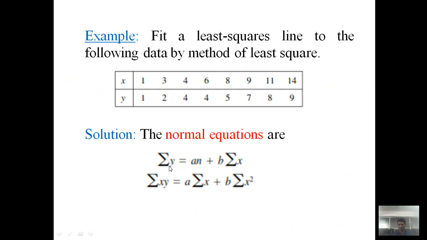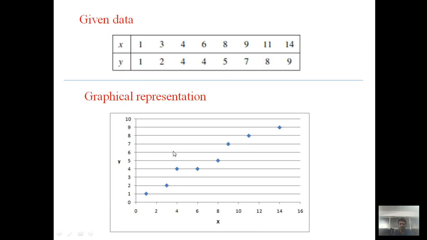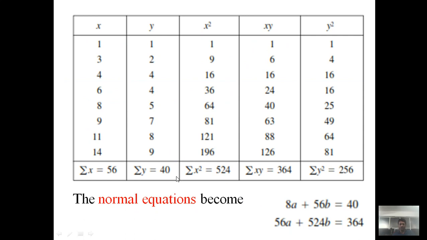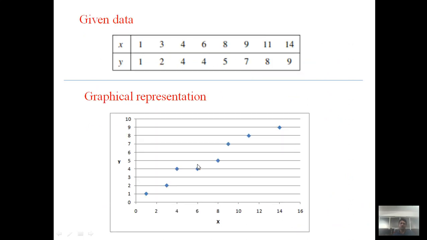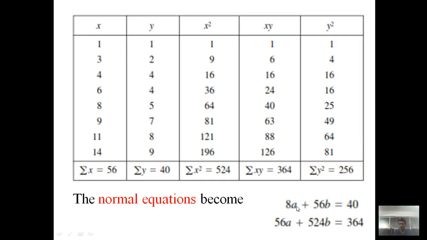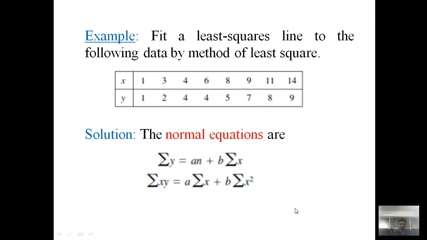The first equation is sum y equals na plus b sum of x. The first term is sum y, and the sum of y is 40, so we write down 40. Now a into n: remember a is unknown, which we want to determine, so a is as it is, and n is the number of data, 1 2 3 4 5 and so on, there are a total of 8 data points given, so na is 8a.